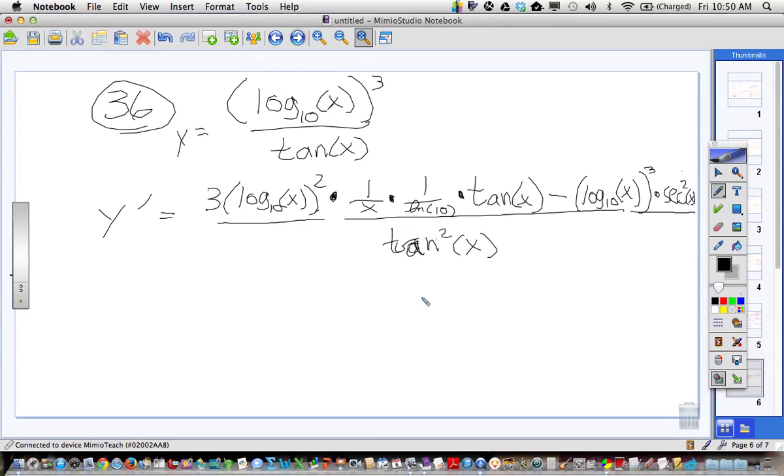See, so that's what I was talking about. Many times on a course, what could you factor out of the top? No, that's not true. There is something you could factor out: a log base 10.